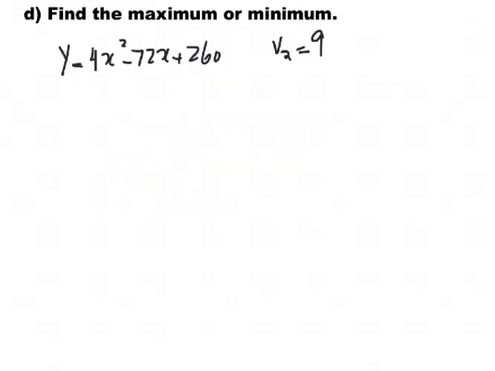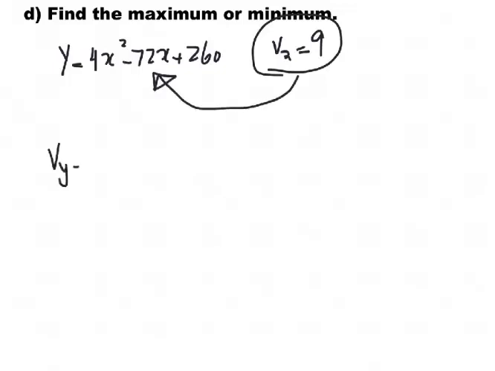The next part of the question says find the maximum or minimum. I know that the x-coordinate of the vertex is 9. To find the y-coordinate, I sub it back into this equation and evaluate y. So I say v sub y is 4 times 9 squared minus 72 times 9 plus 260.